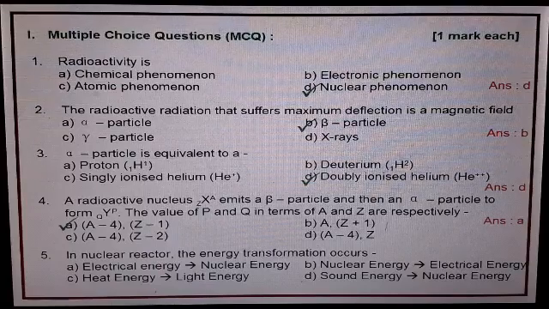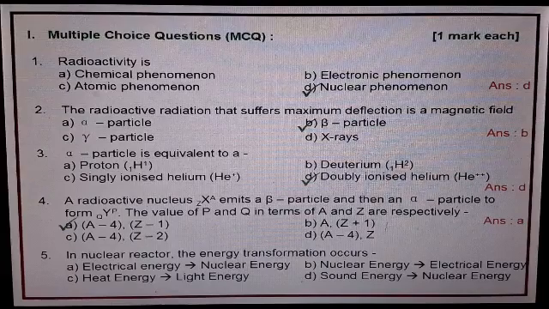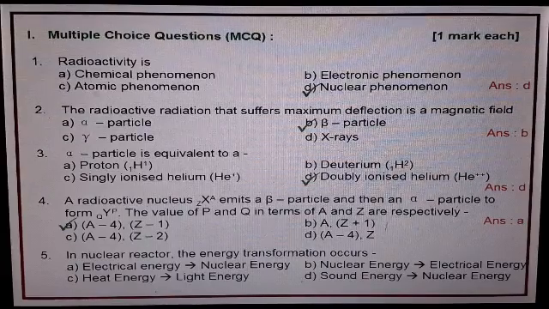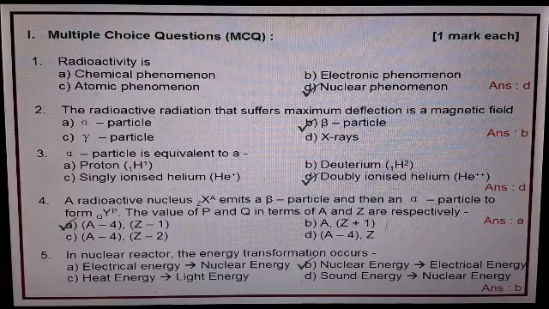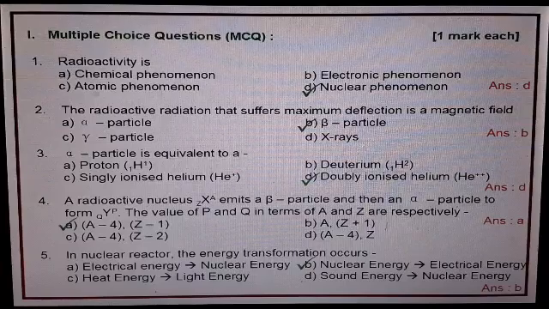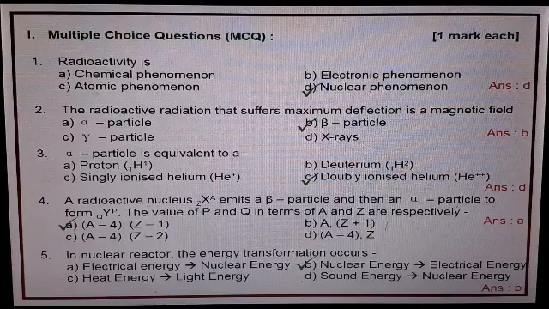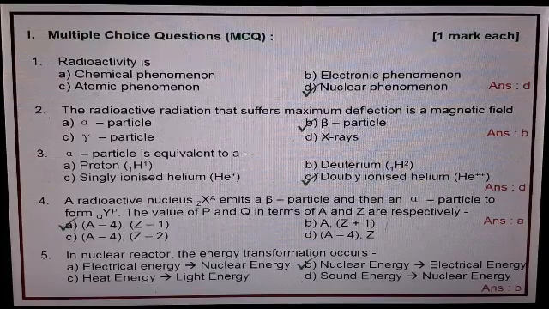So according to the options given, the correct option should be answer B, that is nuclear to electrical. But actually, the nuclear energy is first transformed to thermal energy, followed by mechanical energy, and finally electrical energy. So in nuclear reactor, the nuclear energy does not directly get transformed to electrical energy. Clear?